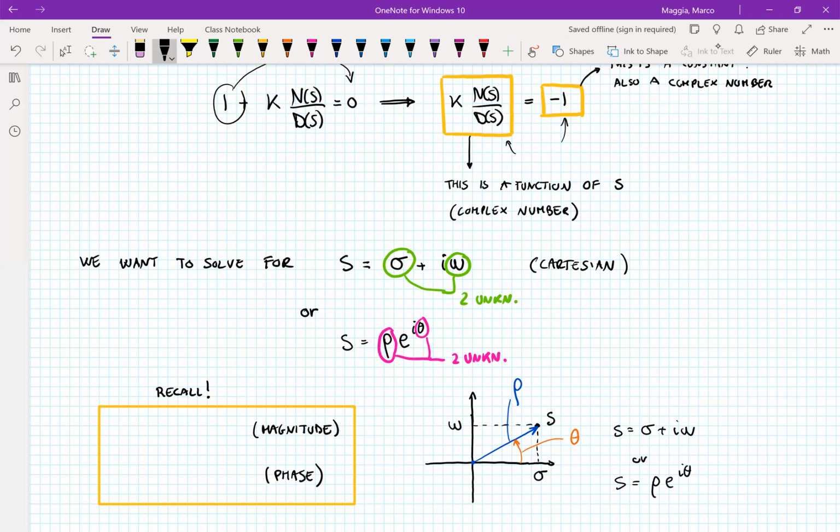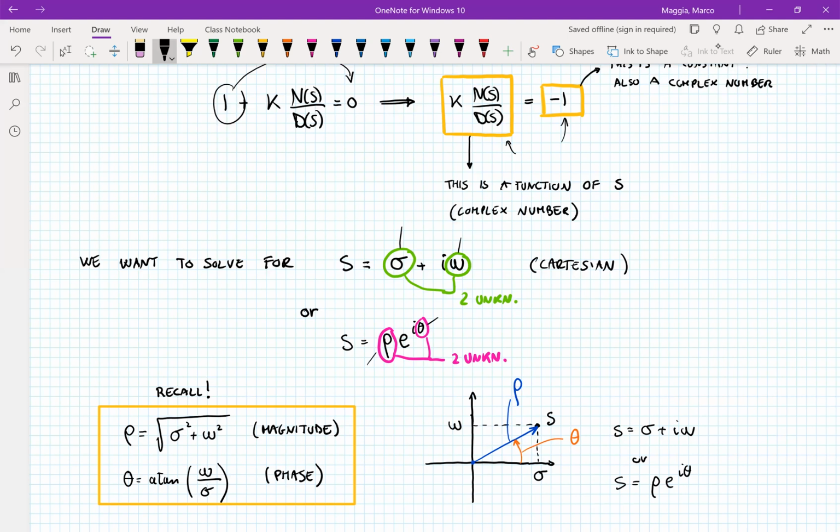All right. So what is the relationship between the two Cartesian coordinates, that is sigma and omega, and the two polar coordinates, that is rho and theta? Well, rho is simply the square root of sigma squared plus omega squared. Pythagorean theorem. What about the phase? Well, the phase is arctangent of the imaginary part, that is omega, over the real part, that is sigma.